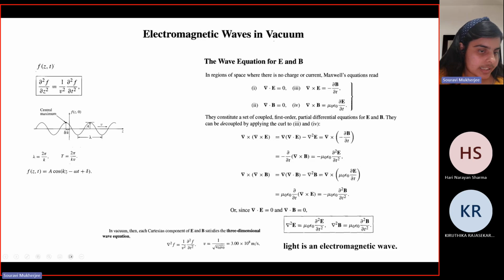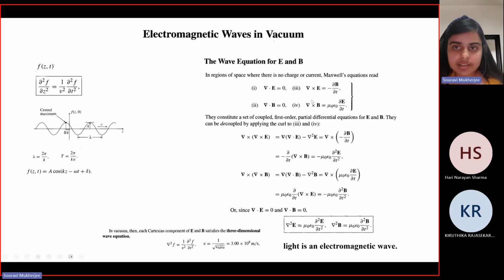Here the kz term denotes the direction of your wave, so this is propagating in the positive z direction. Omega is the frequency, so the time period is given as 2 pi by omega, and the wavelength lambda is given as 2 pi by k. Okay, so this is how you define a wave.